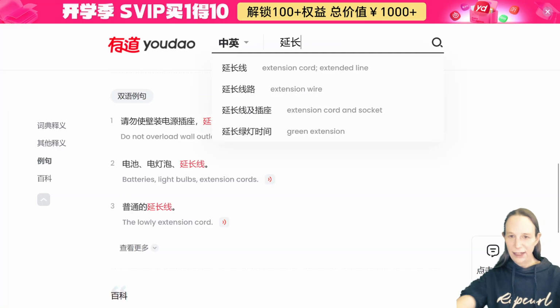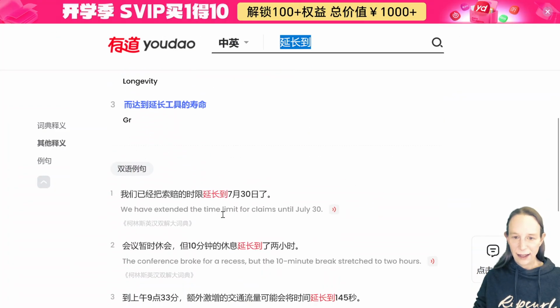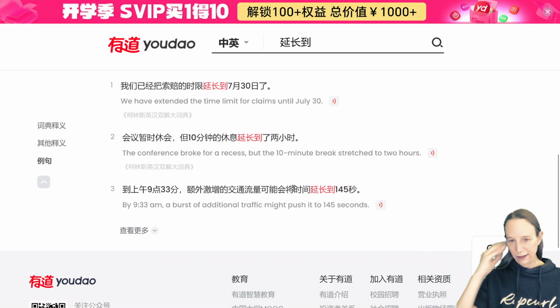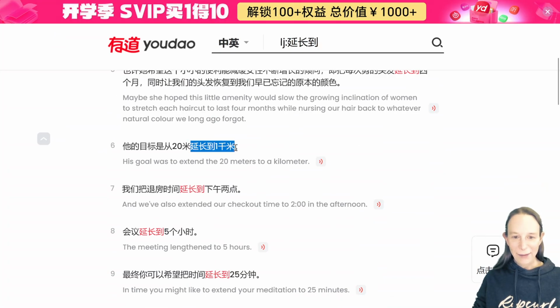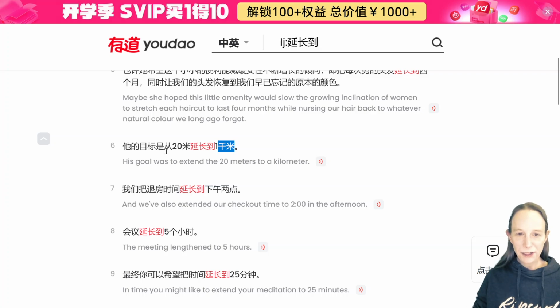Yeah. Can you use it as a verb? It is a verb. What is it? 延长到. Extended to then, extended 2 hours, extended 145 seconds. Very, very precise. Here we go. 千米. That's definitely a unit of distance, not time. 它的目标是从20米延长到1000米.